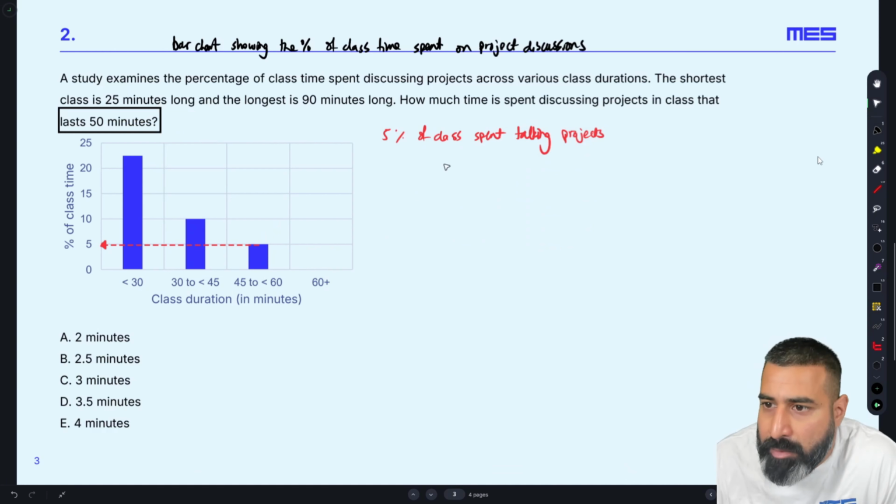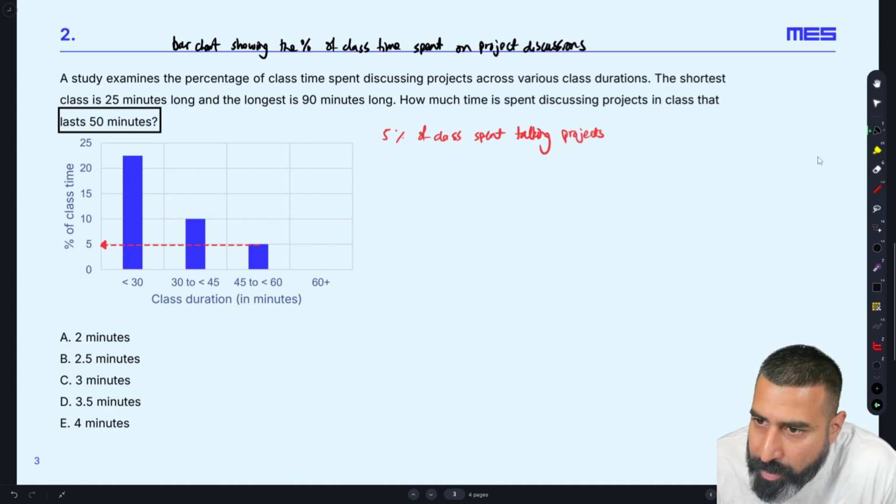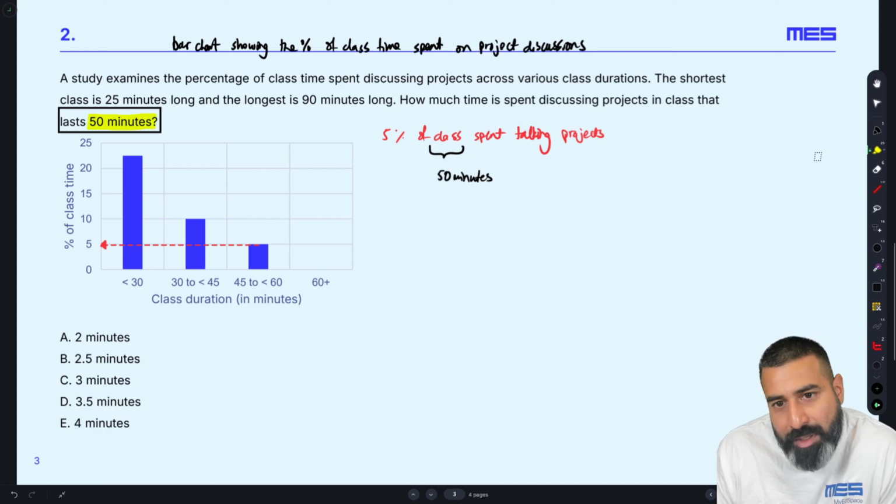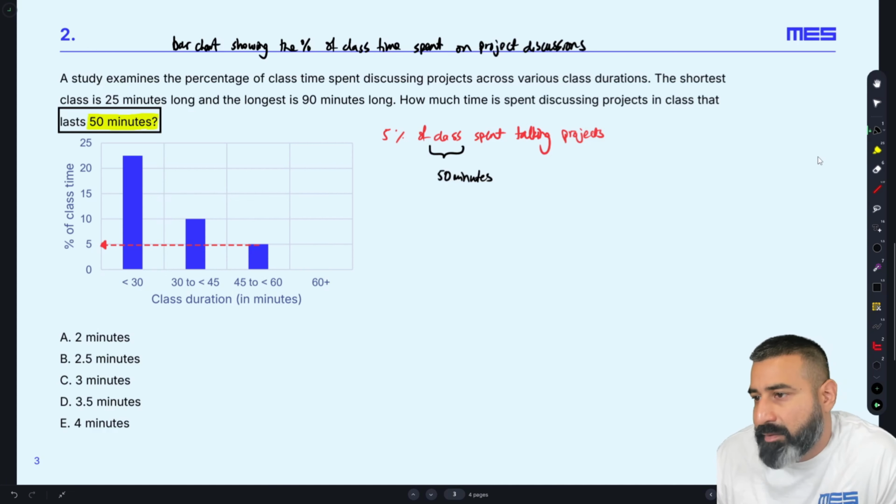Now, I know the class time. My class time is 50 minutes because that's given to me in the question. So this becomes relatively straightforward then.